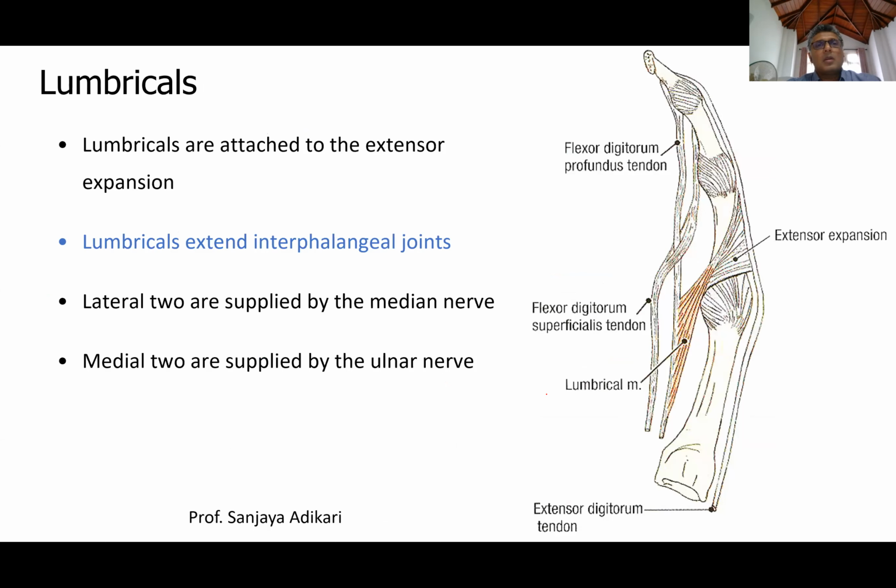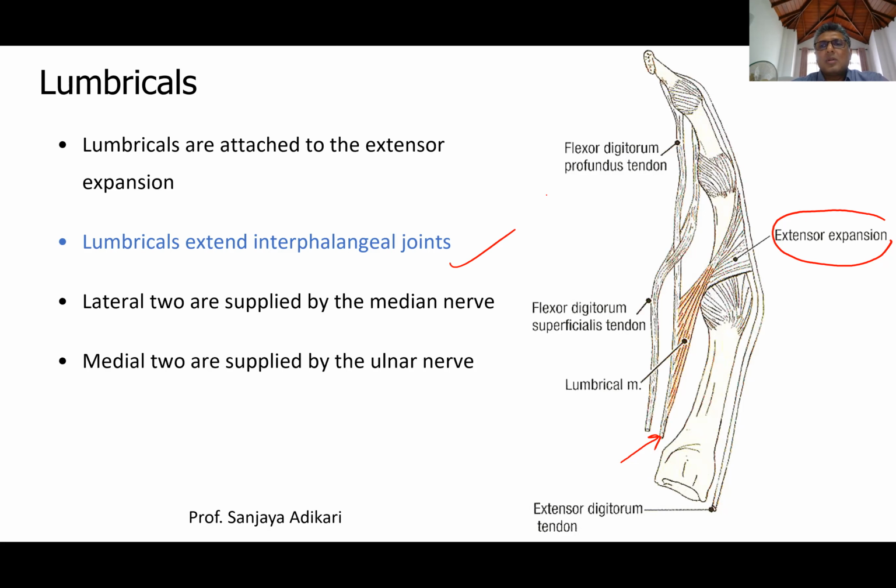Then about lumbricals and interossei. Lumbricals are attached to the extensor expansion, as I said before, passing through the lumbrical canals. They take origin from the flexor digitorum profundus tendons going into the index, middle, ring and little fingers, and they are attached to the extensor expansion. Technically their action is to extend the interphalangeal joints.